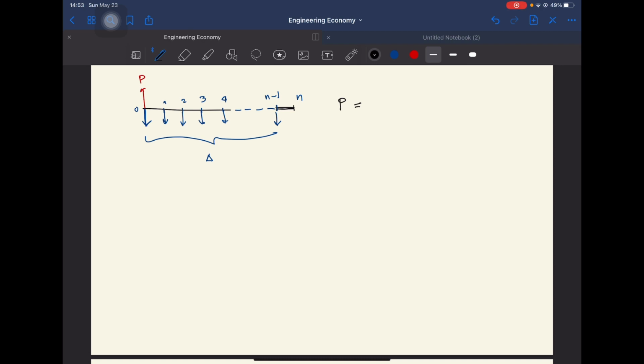So present worth equals A times 1 minus 1 plus I raised to N minus 1 over I. Okay? And then, merong plus A.